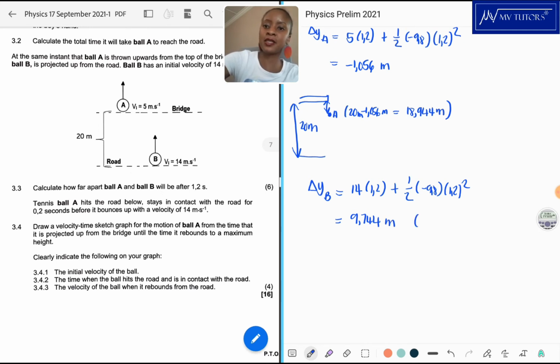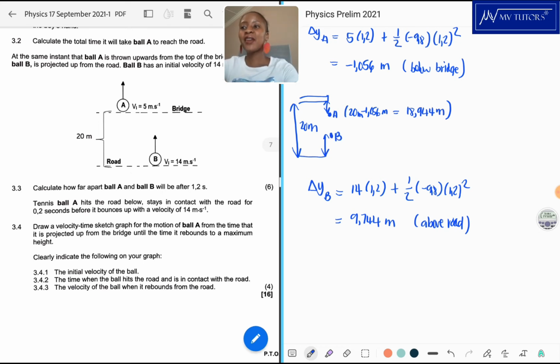Okay, so I'm just going to say this is above the road, and this is below the bridge. Just referencing. Okay, so now ball B, somewhere there. Okay, and now I want to know how far apart ball A and ball B are.